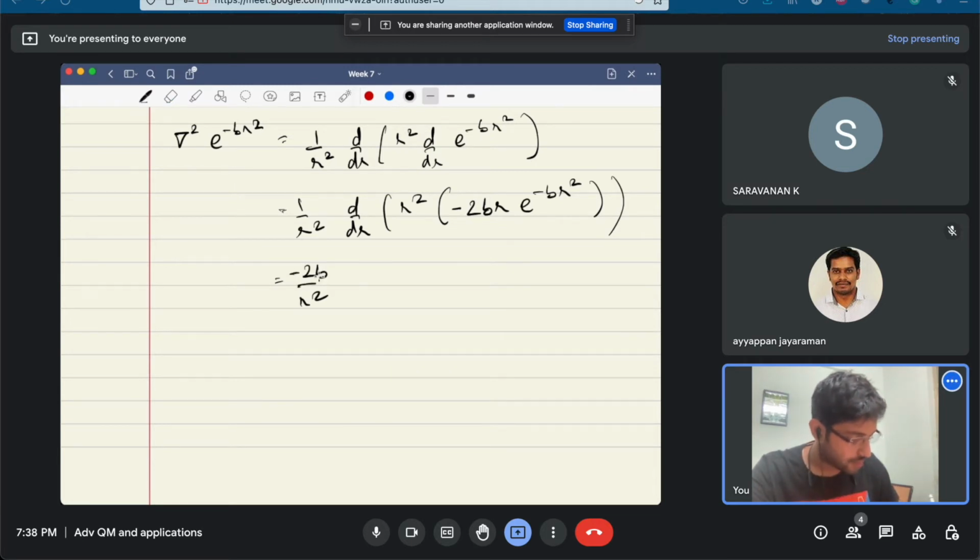Okay, so minus 2b is outside, we have r cube which gives us 3r square, and we have r cube remaining with minus 2br e to the power minus br square. Right.